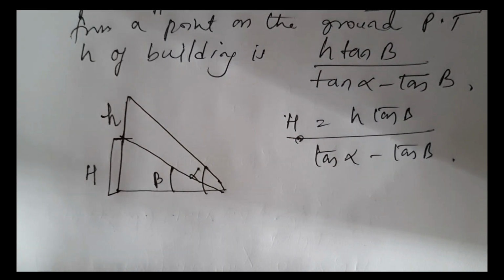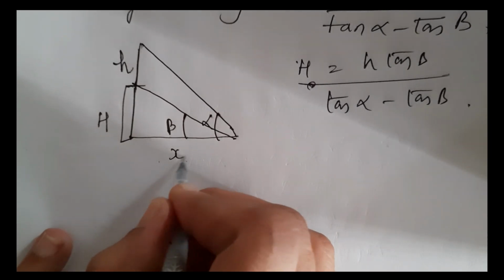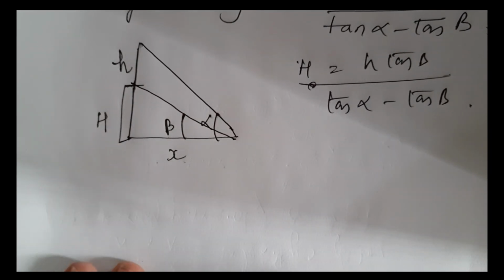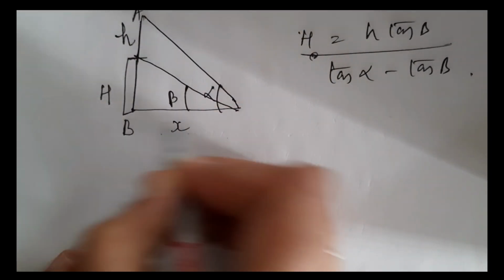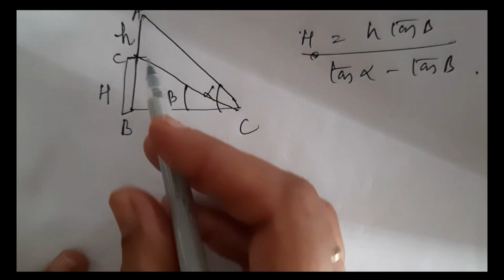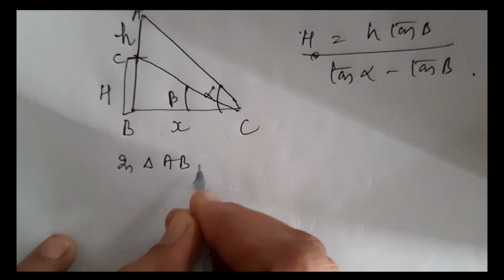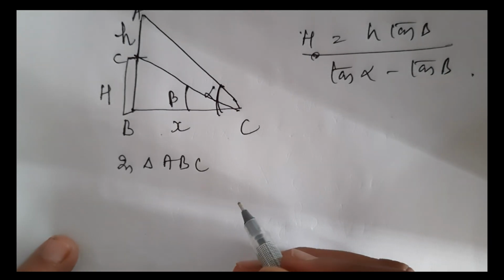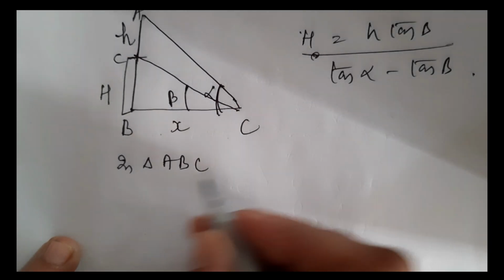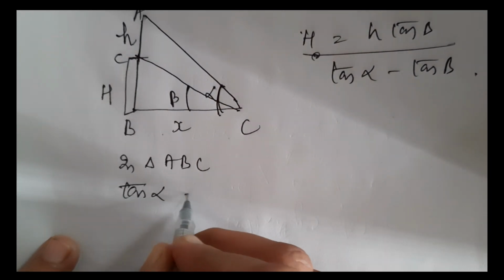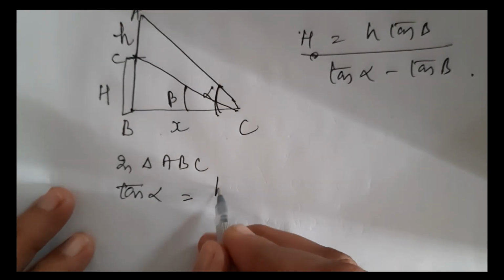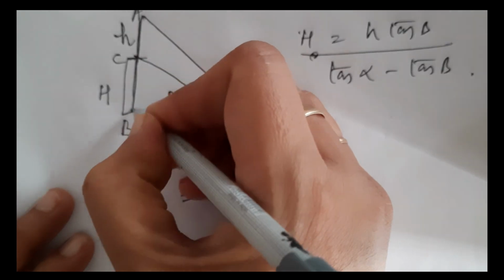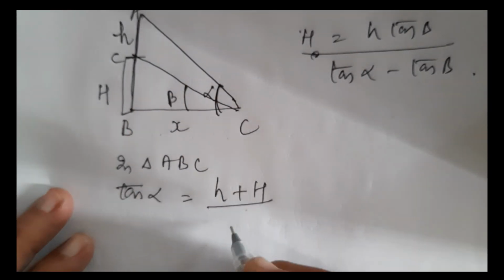So let's start with the solution. Here base is not given, so let me consider this to be x. As usual, you go for the solution, start in the same way, don't get confused. For this kind of question, you need to label it. So I'm starting with the bigger triangle. In triangle ABC, as the angle C is alpha, tan alpha is perpendicular upon base, so it is h plus capital H upon x.